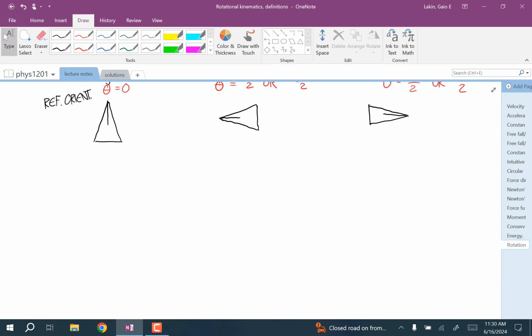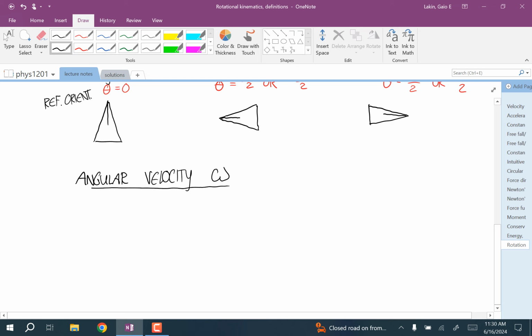Next, we have to define the angular velocity. That's the Greek letter omega. And this is a quantity that tells you how quickly the angular position is changing.